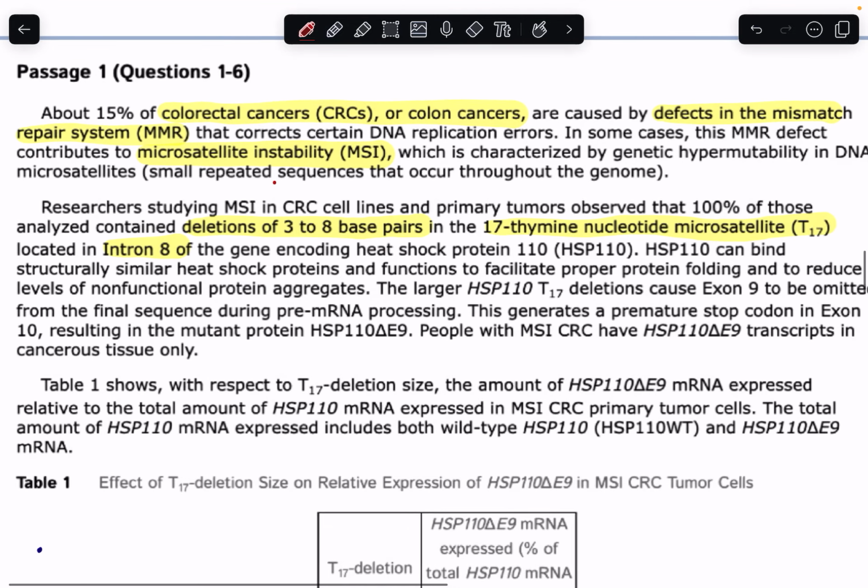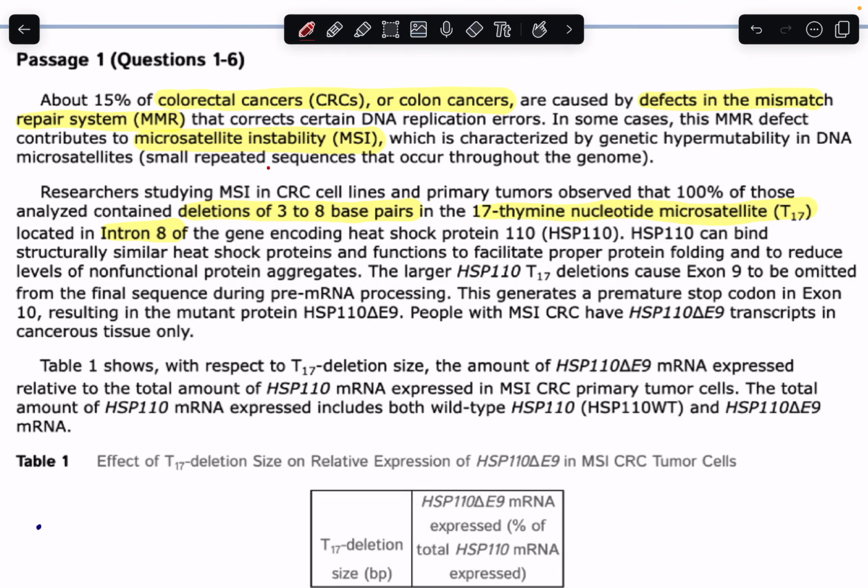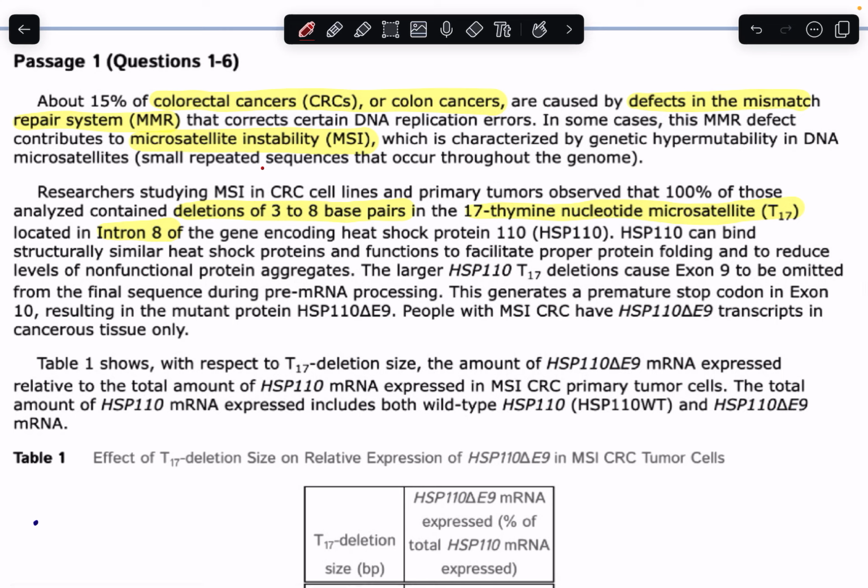So basically, the first sentence of the second paragraph is saying that researchers study some cancer cells, right? And they observed that 100% of what they studied has a deletion, okay? So this is my DNA. There's a deletion of 3 to 8 base pairs, okay? So 1, 2, 3, 4, maybe 4 base pairs.